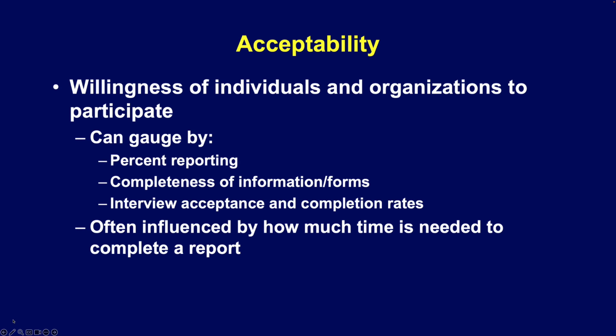So how do you gauge the acceptability of a surveillance system? You can look at providers or labs that may be seeing cases in the community that are reportable, and then assess the proportion of those providers or labs that actually report to the system in a given month or a year. If that proportion is low, it suggests the acceptability of the system may be low.